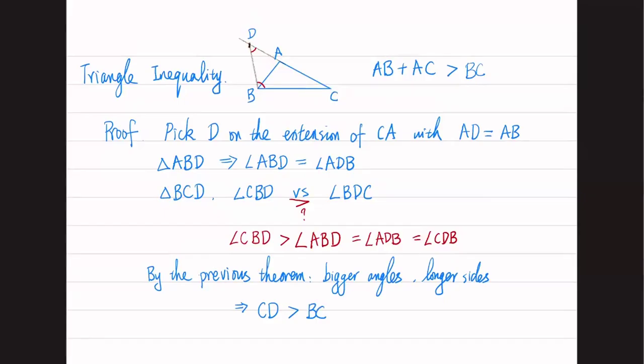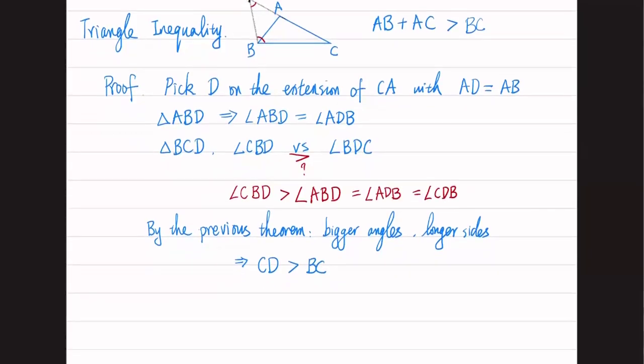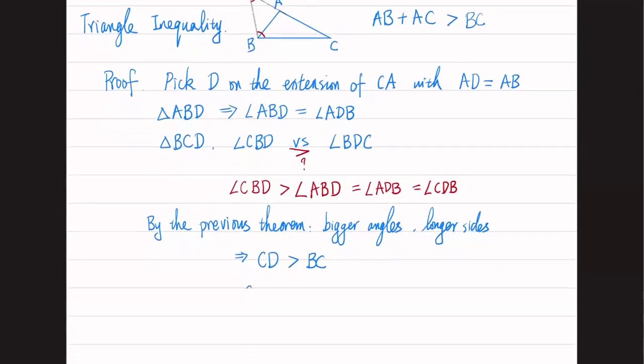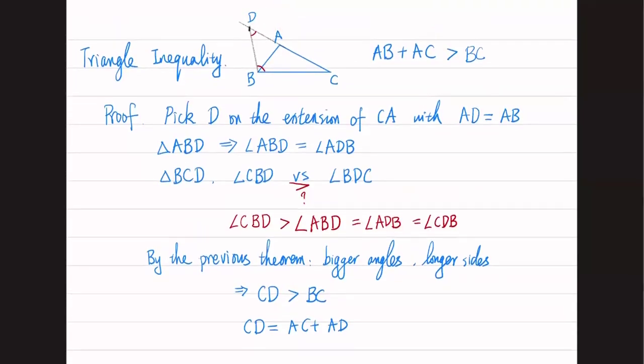And then CD is the summation of AC with AD. And by our construction, AD has the same length as AB.